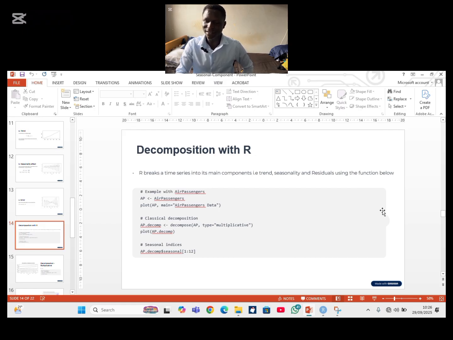Yes. Now, just to illustrate everything that I was talking about, this code here, if we put it in our script, first of all, it will plot our series, the one for the air passengers, and it will also decompose this series into the trend, seasonality, and also the error term.